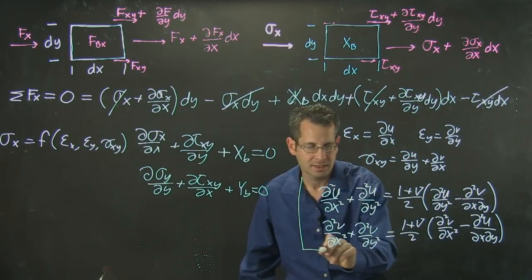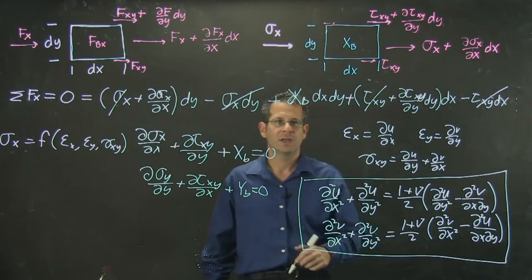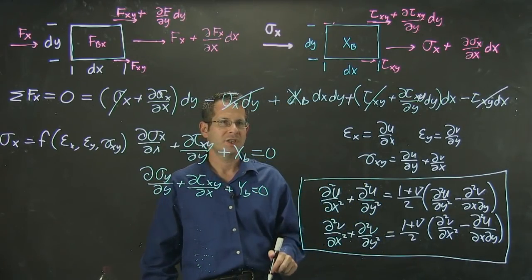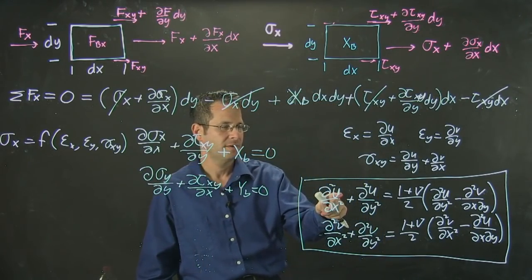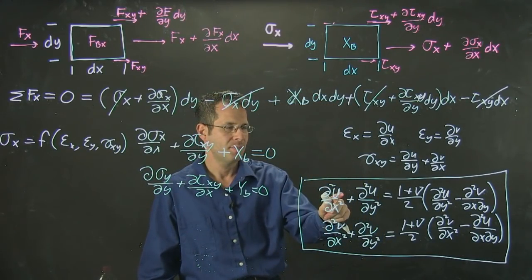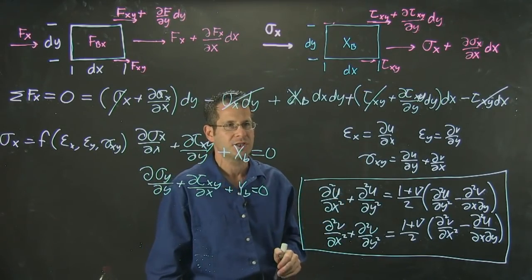So this is a system of two equations for two unknown displacements, functions of x and y: displacement in the x direction, which is u, and displacement in the y direction, which is v.